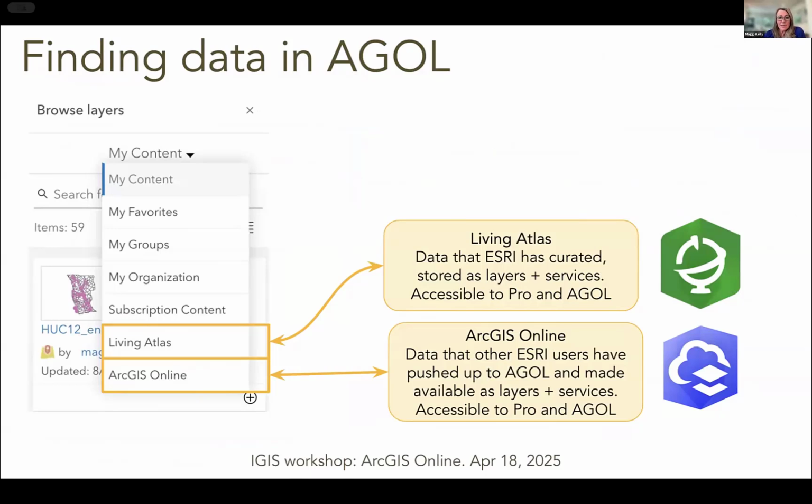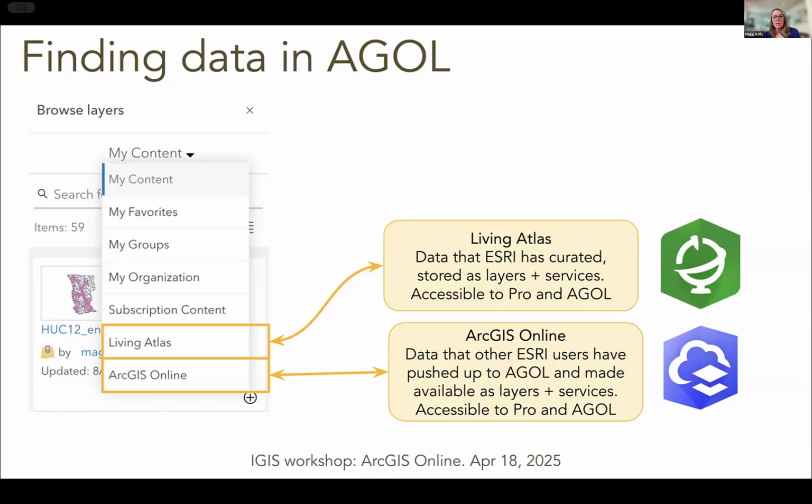One is called Living Atlas. This is a data repository that Esri has curated. These are cloud native data sets. They are vetted and curated. They're the best data sets that Esri can find, and it's growing every day. You're going to find them when you look for data. Sean's going to go through all this, but Living Atlas is the premium place where you're going to find data.